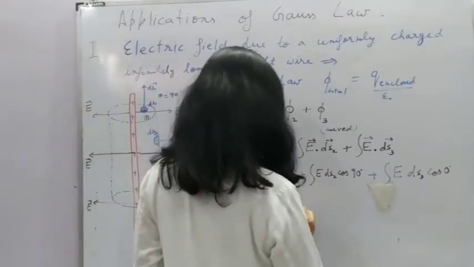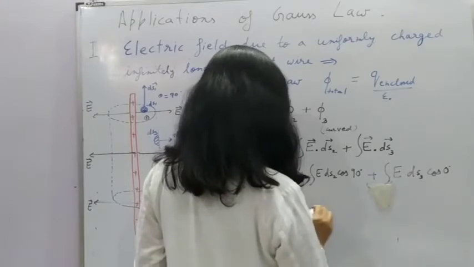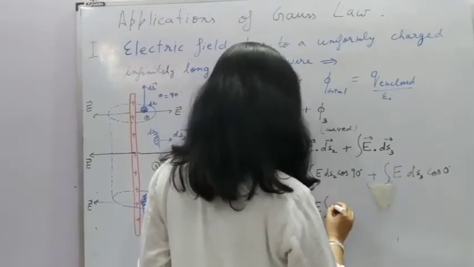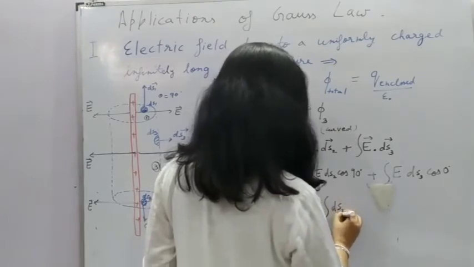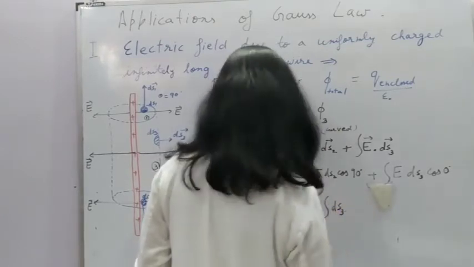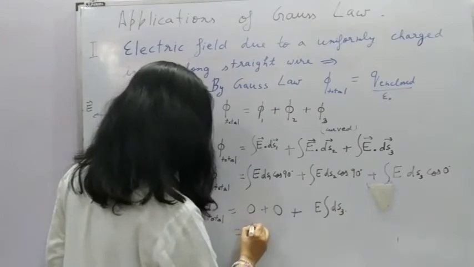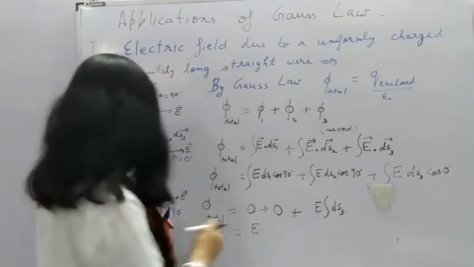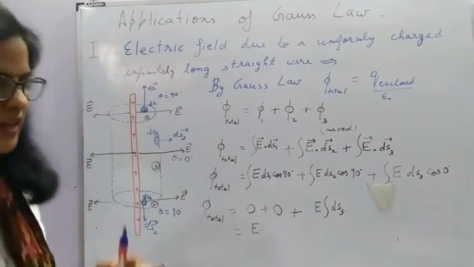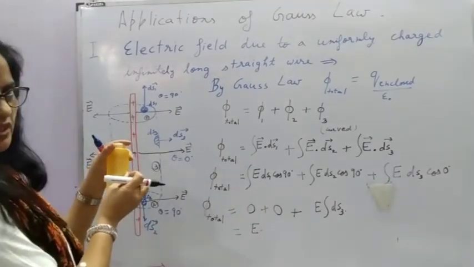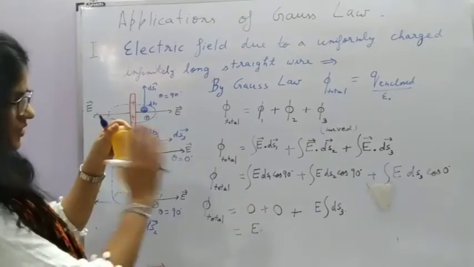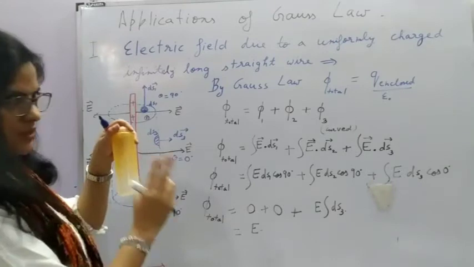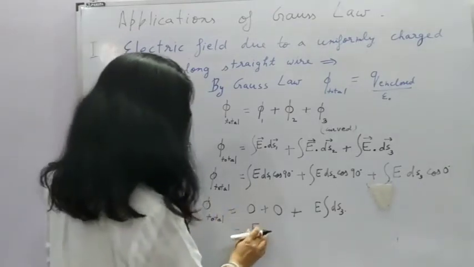Plus, E is uniform, so it can be taken outside the integral sign, leaving the integral of ds3, and cos 0 is 1. The integral of ds3 means, on the curved surface, we have a small surface area ds3, and the integration gives the total curved surface area. What is the formula for the curved surface area of a cylinder?